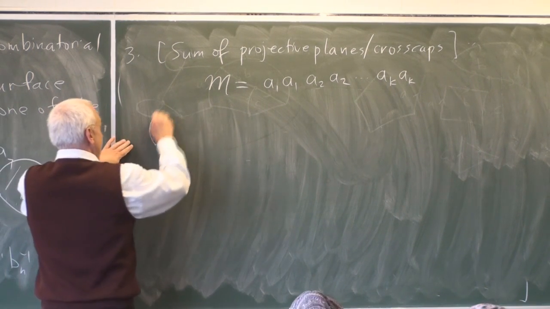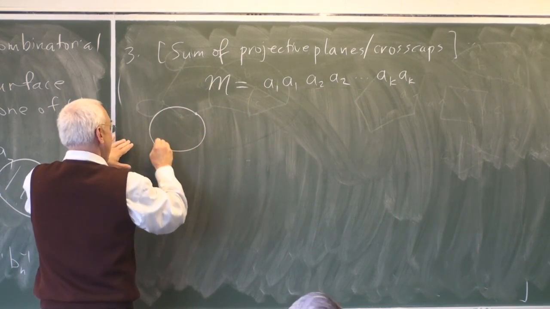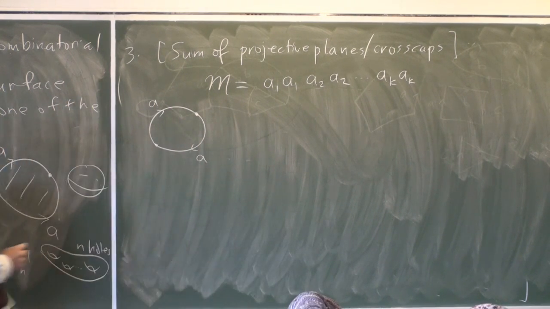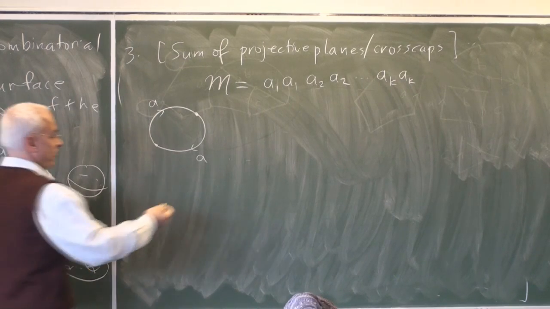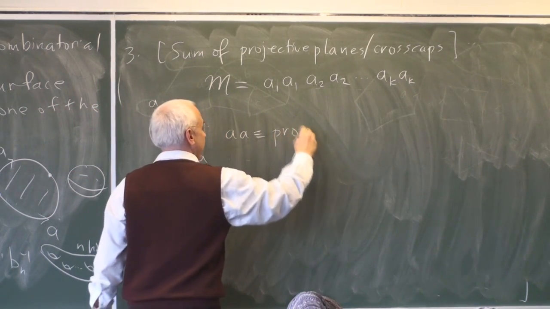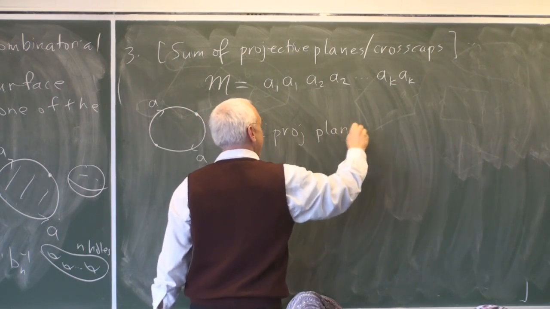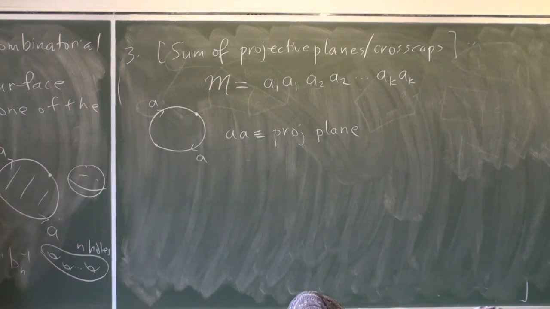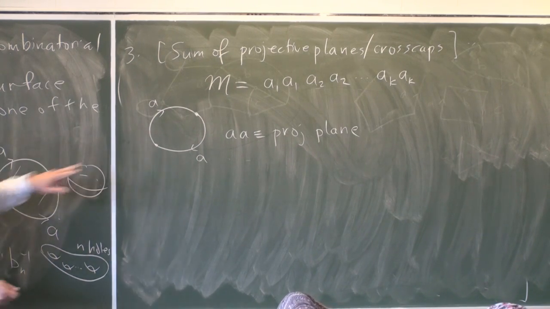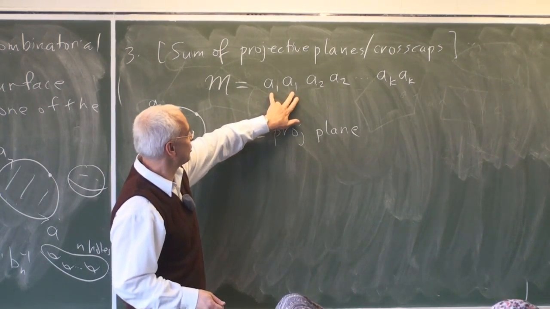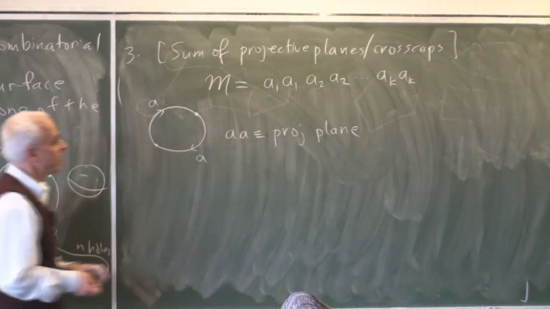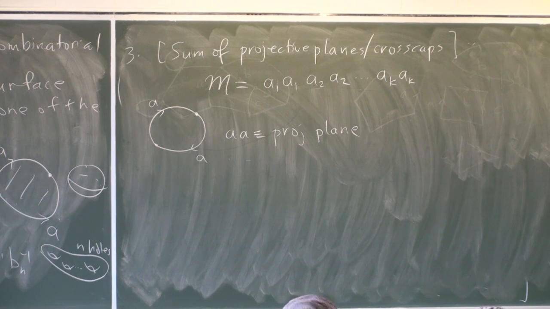A special case: if we just have a single A followed by A, then that's our projective plane. AA is the projective plane. If we have more than just two edges in the same direction, then that's called a sum of projective planes, and that's another possibility.